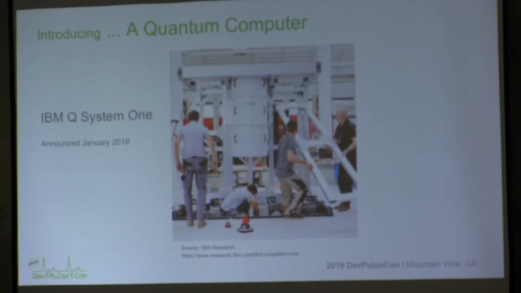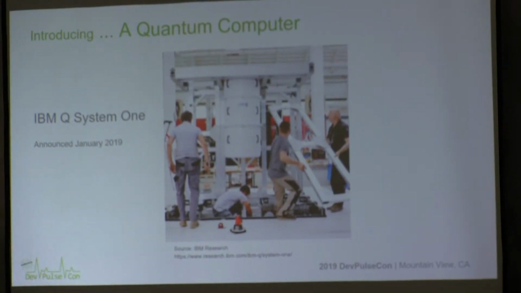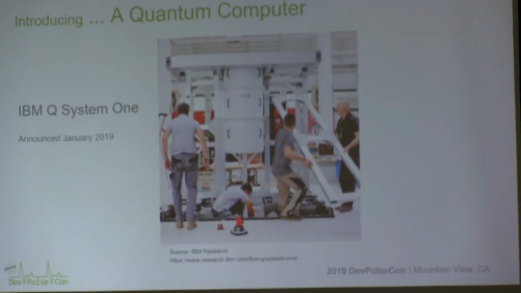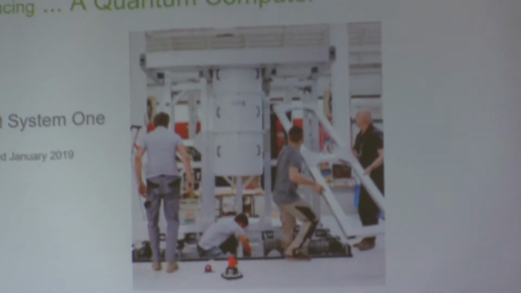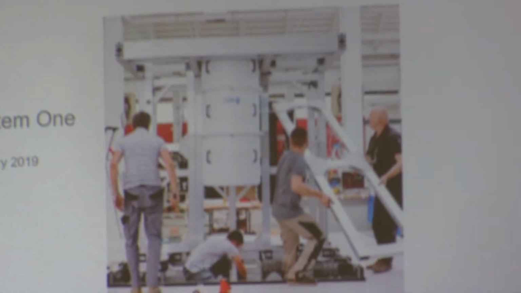It's a little hard to see there, but there's this big glass chamber around the whole thing. And then the quantum computer, the IBM Q System 1, is this barrel thing that you see in white down in the middle.